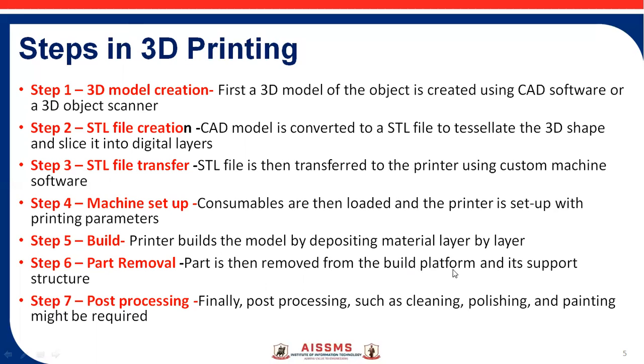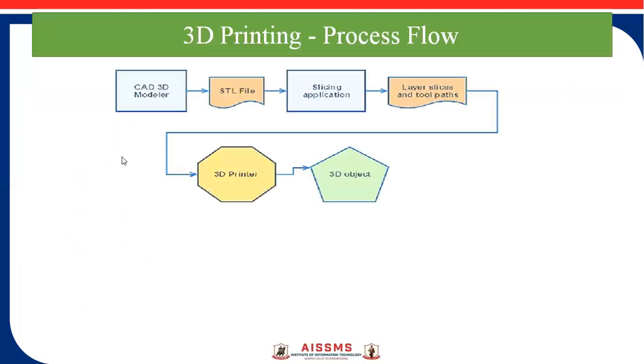The build-up material removed is the support structure. And in the 7th stage, post processing. Finally, post processing such as cleaning, polishing, removing extra material, and painting might be required. So these were the steps we have learned in the 3D printing process.